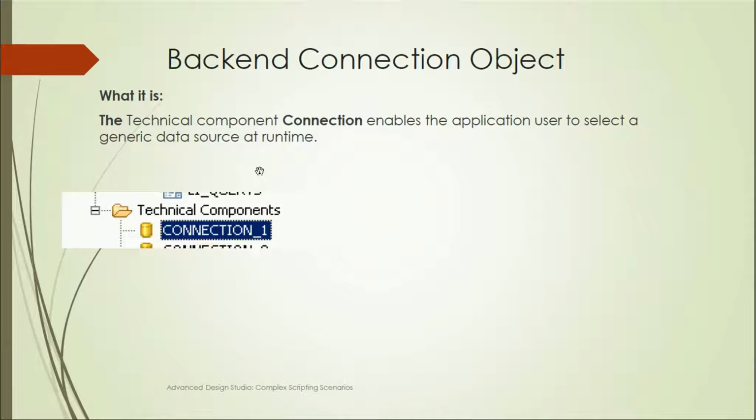Instead, we can enable the users to select. We will give them the option: out of these three or four data sources, you can select one of them when they run it.